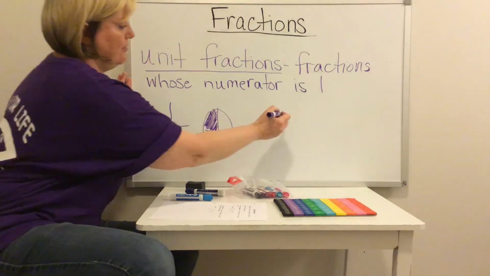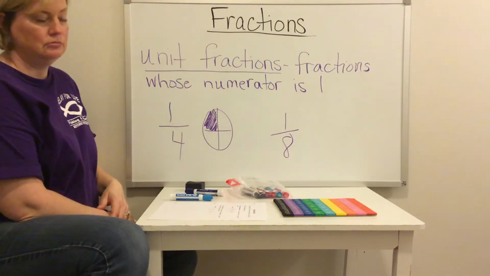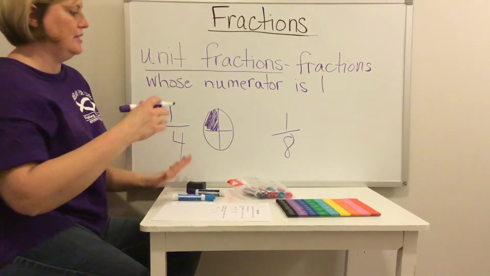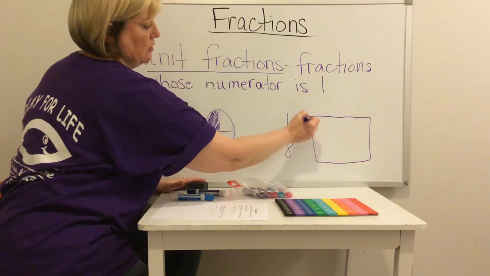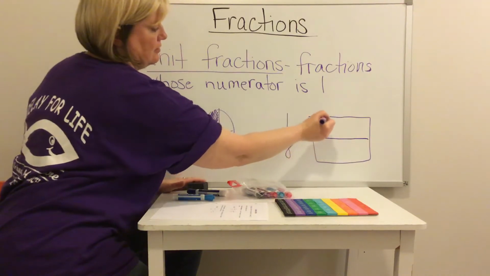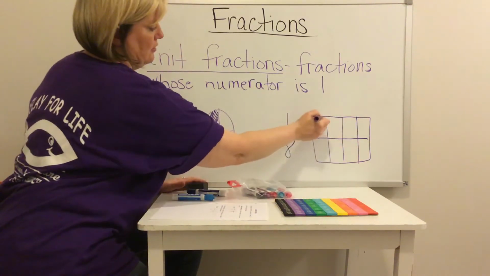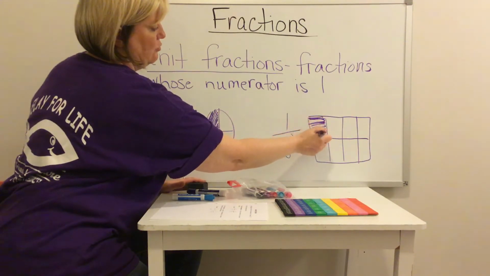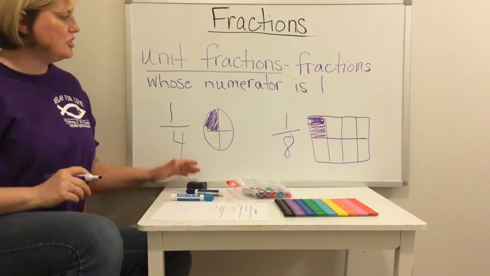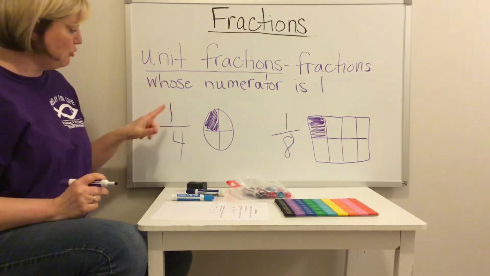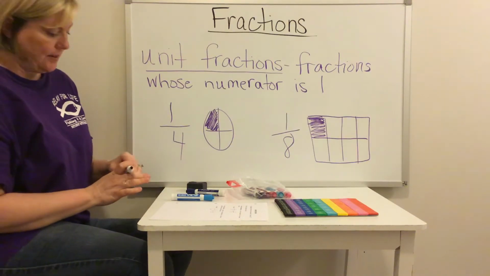Or you might have 1/8, where you have a figure divided into 8 total pieces. And only one of them is shaded in. Okay? A unit fraction is any fraction whose numerator or top number is a 1. The denominator can be anything.